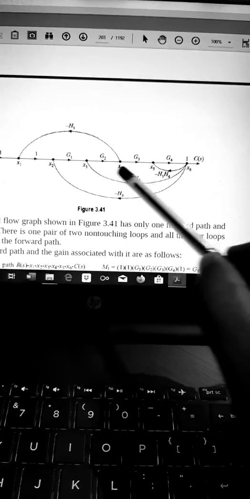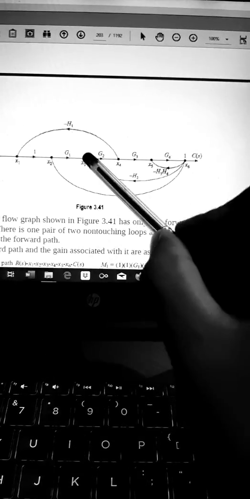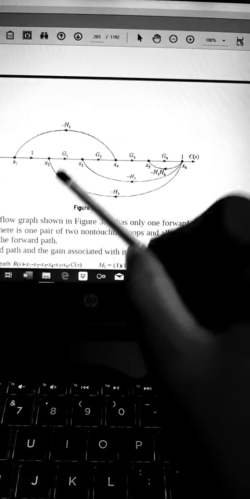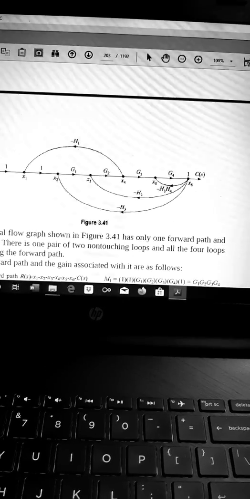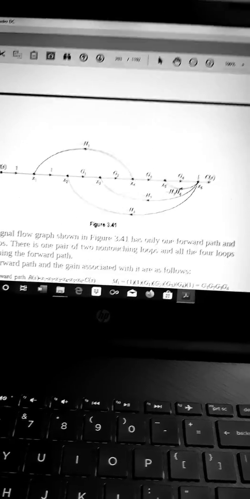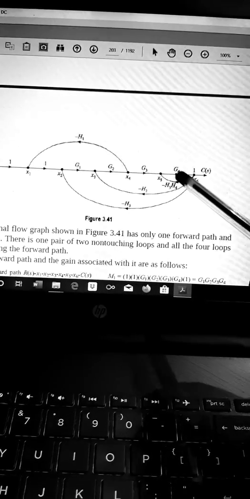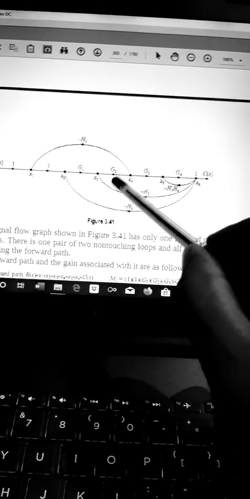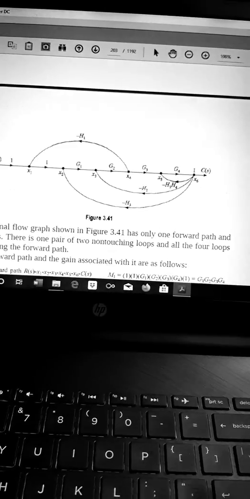You can see that this will be the first, this will be the second, this will be the third, and this will be the fourth. 4 loops are there. And apart from that, you can see that there are these loops which are non-touching, but this and this are touching, this and this are touching, and this and this are touching, but this and this are non-touching. So that is the condition here.